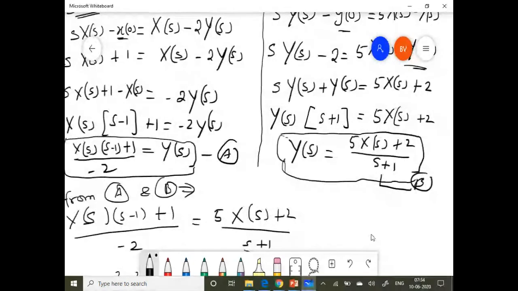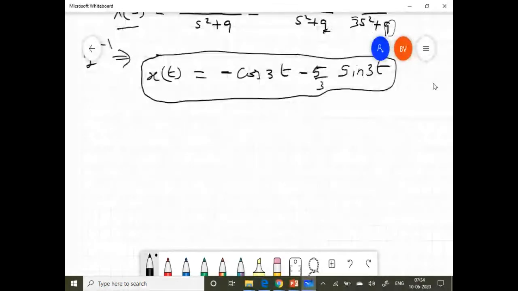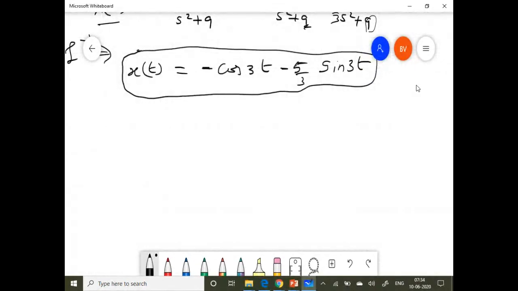Find x prime. Now we found x. The next step we will find x prime. Differentiate it. X prime is equal to negative cosine 3t differentiated. When you differentiate cosine 3t, what do you get?